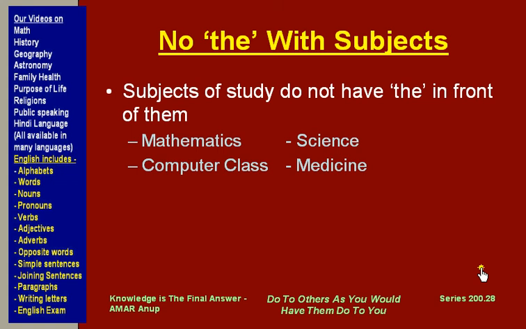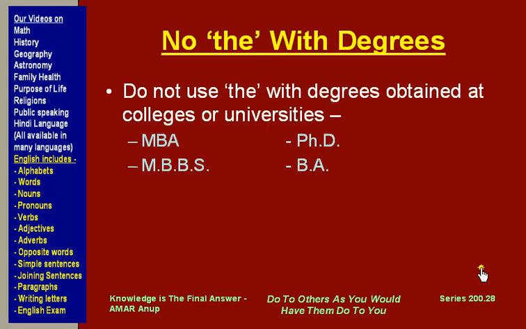Subjects that are taught at a school do not have the in front of them. So we call mathematics, science, medicine, computer classes without using the in front of it. Do not use the with degrees like MBA, PhD, MBBS, BA, no the before the degrees you get in a college or university.